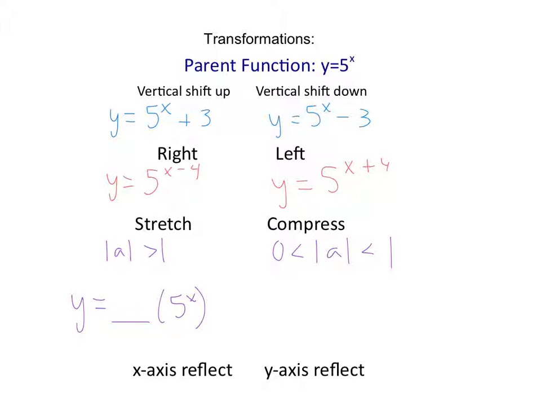So y equals, this could be like 2 times 5 to the x. And a compress, y equals, again, I would need 5 to the power of x somewhere in my equation, and now a needs to be a number between 0 and 1. So a could be like 1/2. Any fraction would be between 0 and 1.